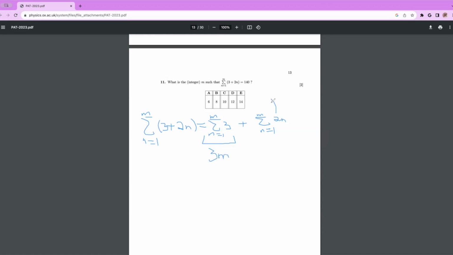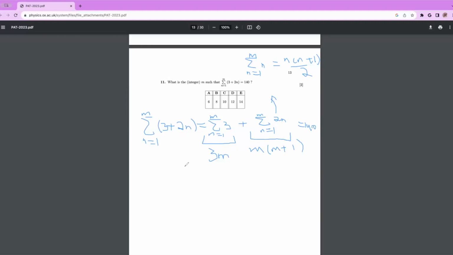For this one, there's a formula that says the sum from 1 to m of n is m times m plus 1 over 2. Since this is multiplied by 2, you just multiply by 2, and you'll get m times m plus 1. And this you also know is equal to 140.